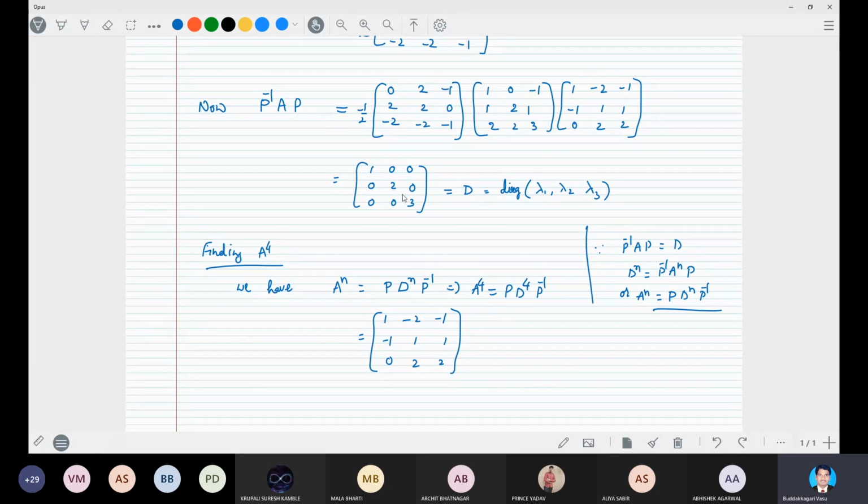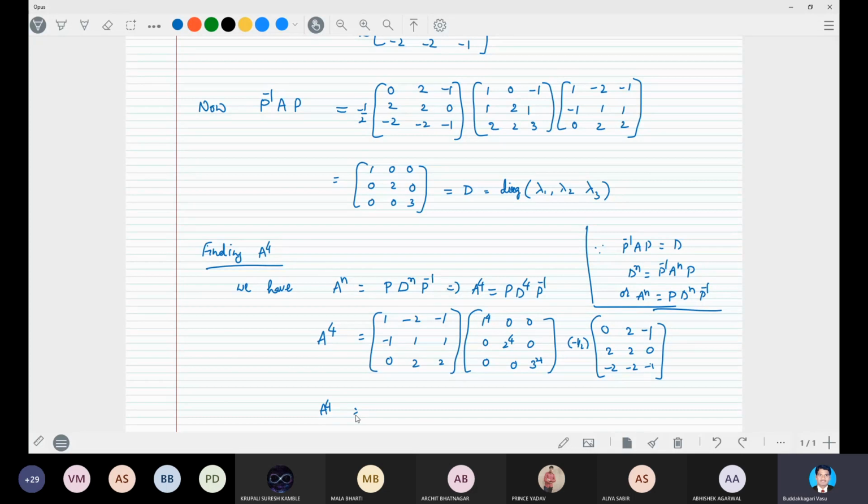What is D power 4? 1 power 4, 0, 0, 0, 2 power 4, 0, 0, 0, 3 power 4, into P inverse, minus 1 by 2 into 0, 2, minus 1, 2, 2, 0, minus 2, minus 2, minus 1. You multiply this and it results in the required A power 4.